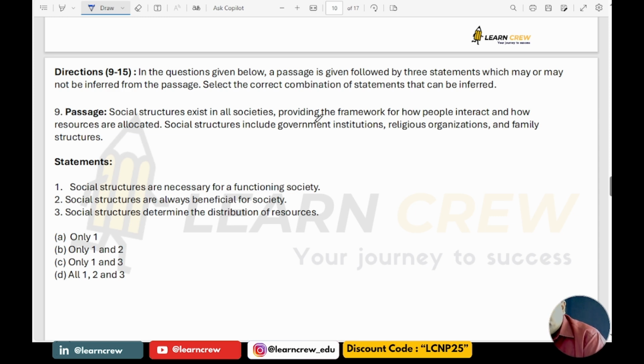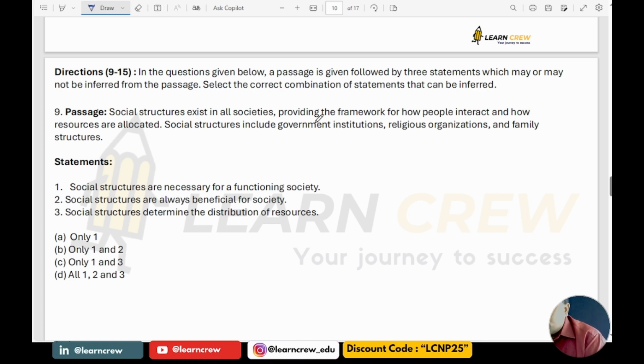So from this, you have three statements, 1, 2, 3. The first one is social structures are necessary for a functioning society. The second one is social structures are always beneficial for society. And the third one is social structures determine the distribution of resources. Out of these three statements, which can be inferred from the given passage?